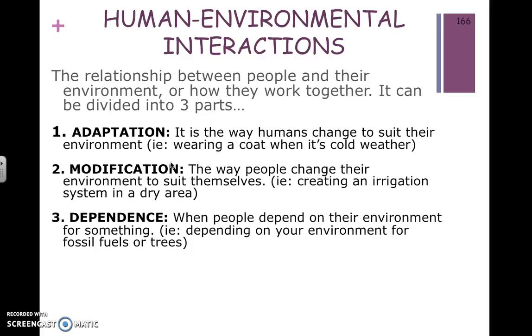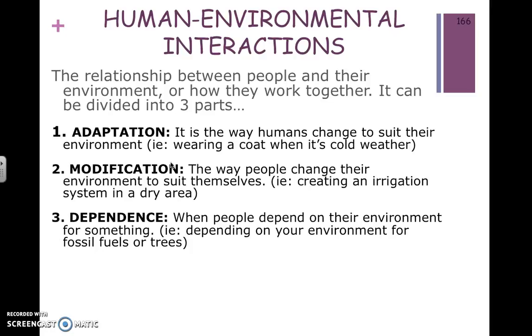Therefore, we have to adapt to those changing weather conditions and wear the appropriate clothing and take the necessary precautions in dealing with that weather. On the coast, if a hurricane is coming, individuals have to adapt and modify their homes and maybe board up their windows to protect from wind damage. That's adaptation. Again, it's when humans change because of the environment.